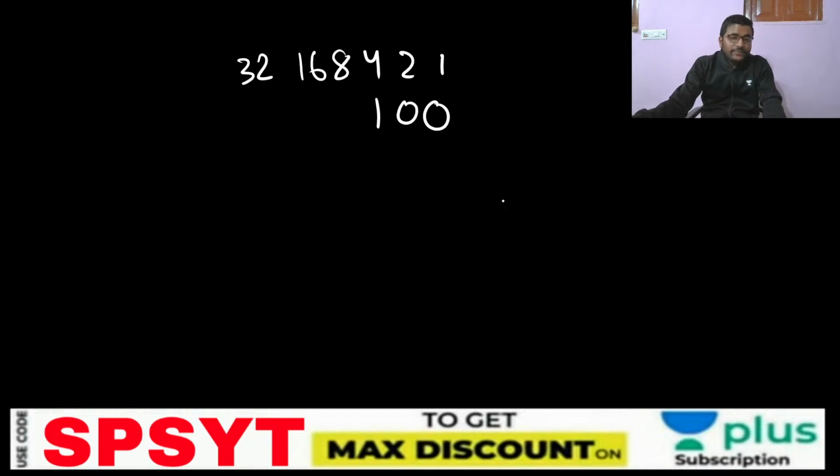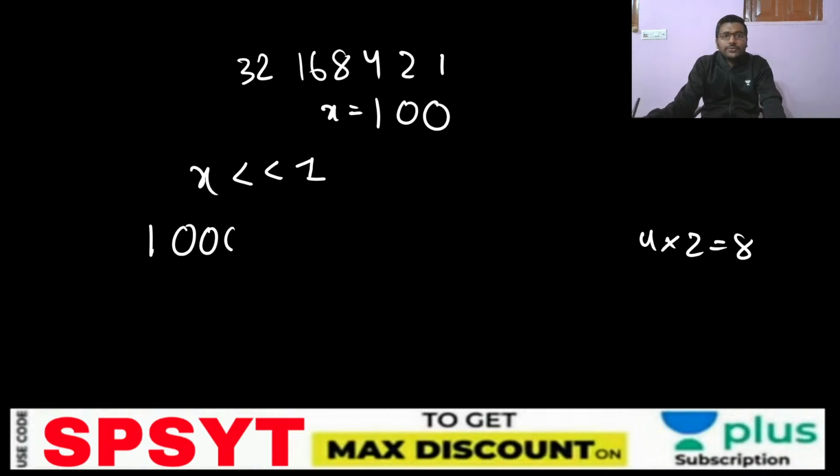If I do one left shift, it will be 4 into 2, which is 8. Let's assume x is this. X left shift 1 gives 1 0 0 0, with the bit vacated filled. So see, it is 8. This is the left shift.